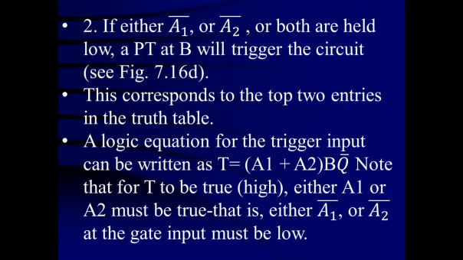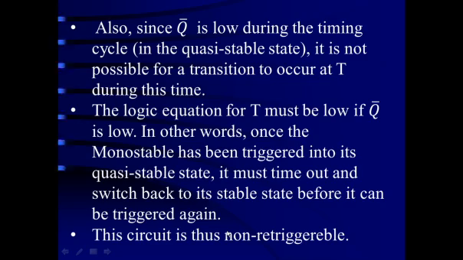The logic equation for this trigger input can be written as T is equal to (A1 plus A2) B Q bar. Note that for T to be true, either A1 or A2 must be true. That is, either A1 bar or A2 bar at the gate input must be low. Also, since Q bar is low during the timing cycle, that means in the quasi-stable state, it is not possible for a transition to occur at T during this time.